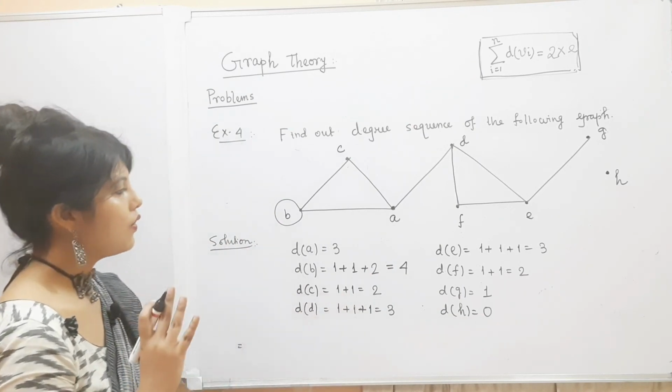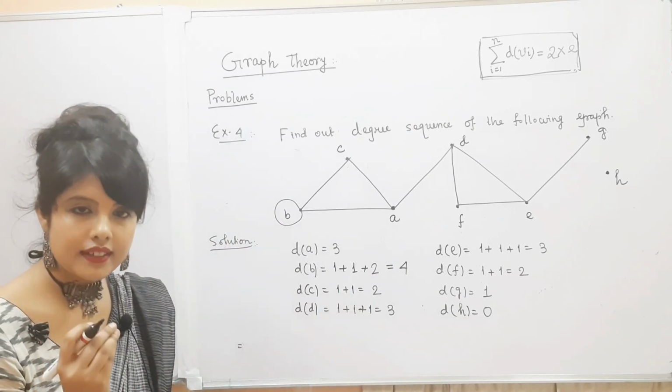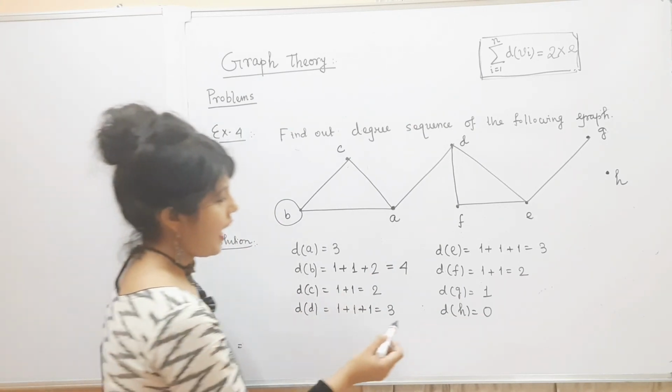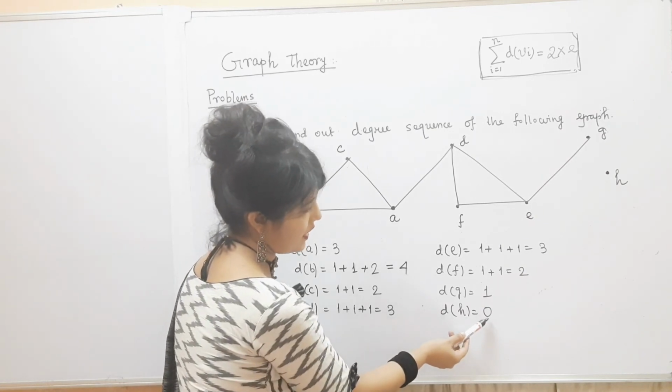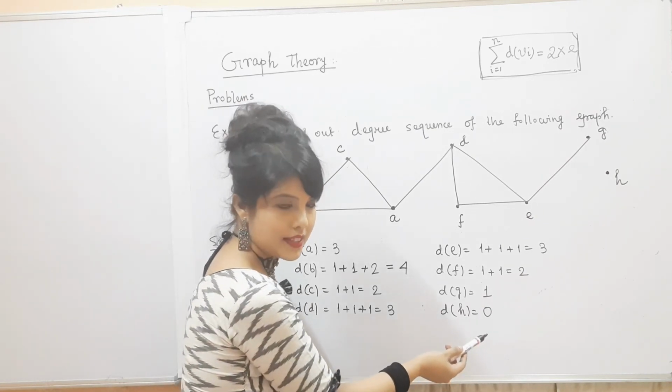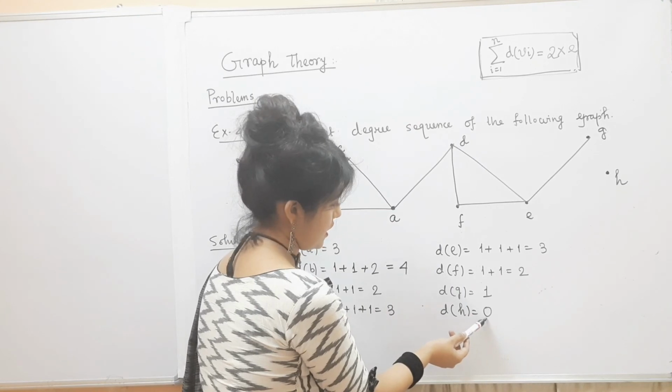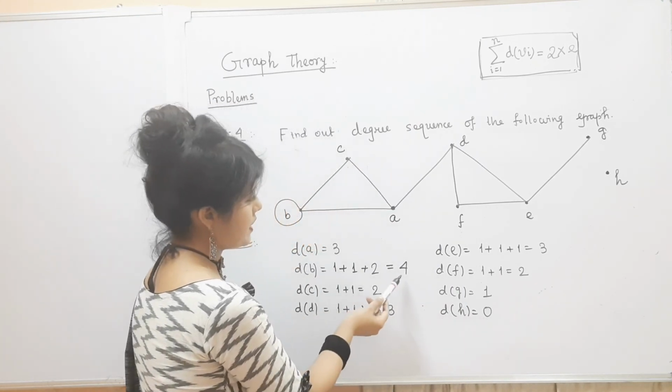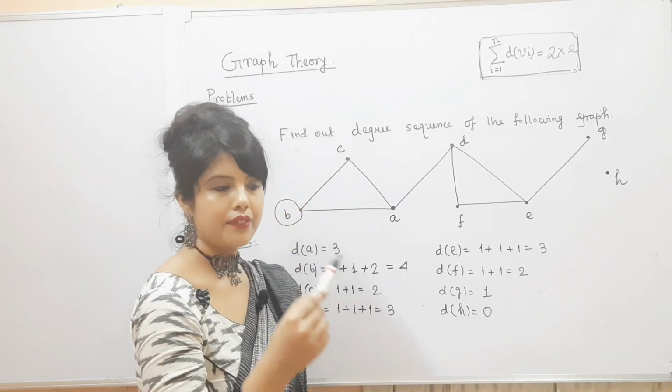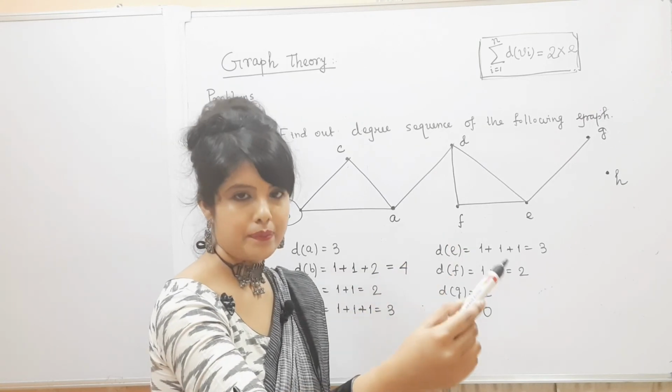Now I have to make a degree sequence. Degree sequence means I have to start from the minimum degree. Here the minimum degree is 0, so I have to start from 0, and the maximum degree is 4, so I have to move up to 4.